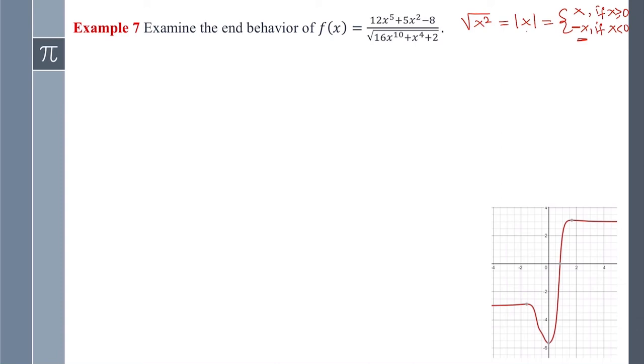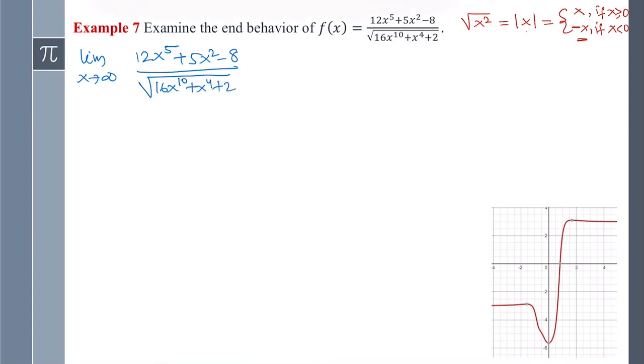So first, let's find the limit as x approaches infinity for that function. So 12x to the fifth plus 5x squared minus 8 divided by the square root of 16x to the 10 plus x to the fourth plus 2.